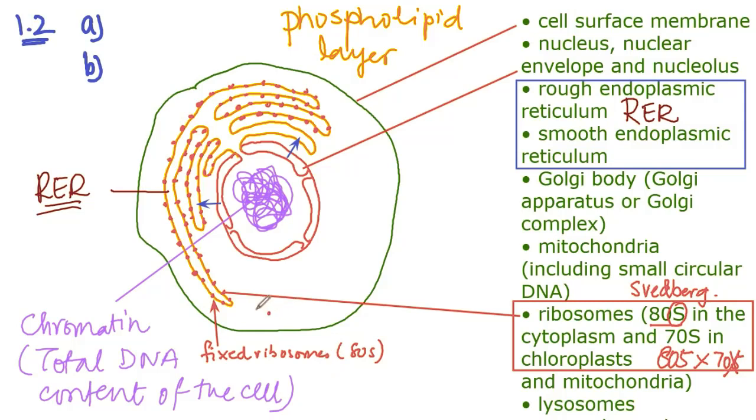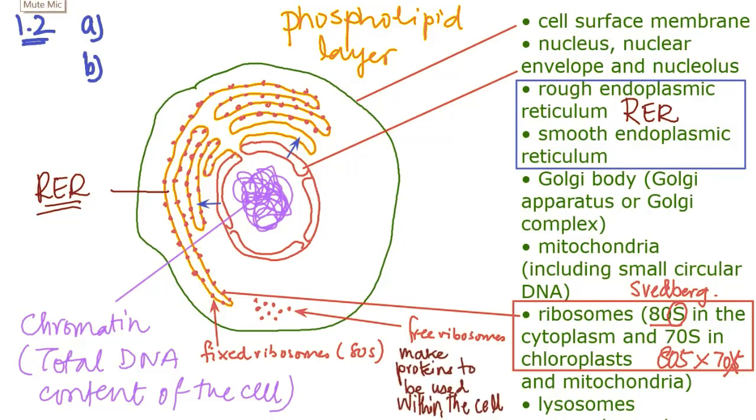We have some other types of ribosomes as well, and it can be easily understood that these ribosomes are not attached to the rough endoplasmic reticulum. These are called free ribosomes, and they are involved in the synthesis of proteins which are to be used within the cell.